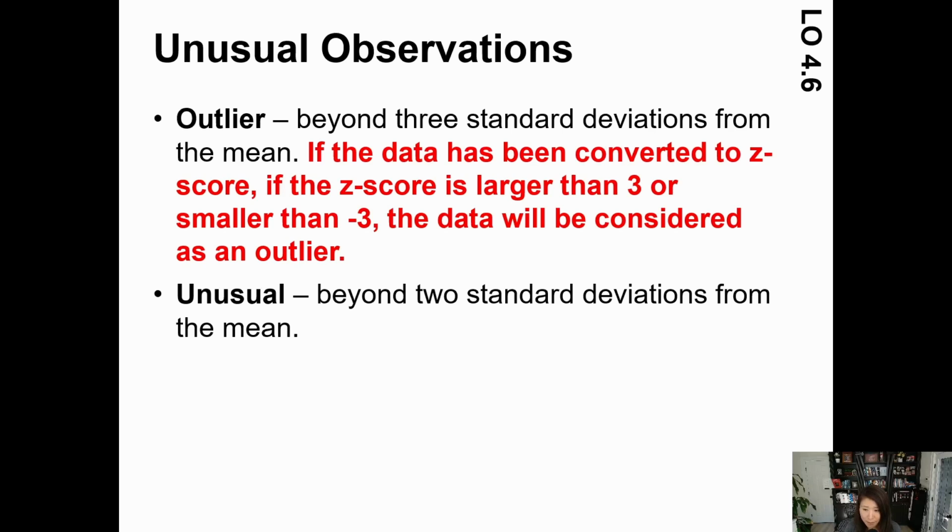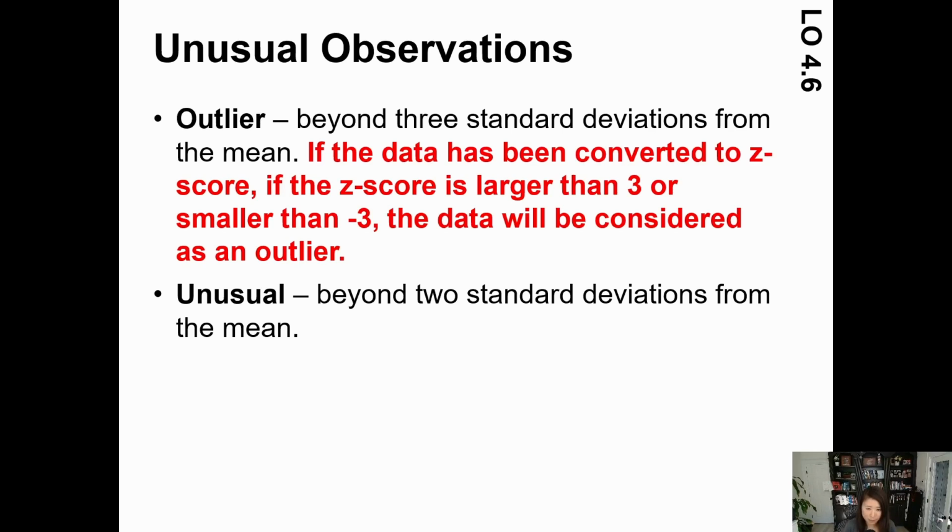So the 3 standard deviations become negative 3 to positive 3, right? Therefore, based on the z-score, you are able to very easily identify your outlier regardless of what data you are dealing with. After you convert the data to z-scores, you just need to look at which z-score is larger than 3 or smaller than negative 3. That corresponding data will be considered an outlier.